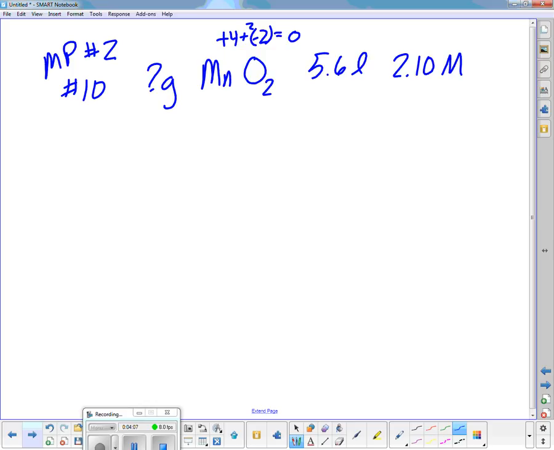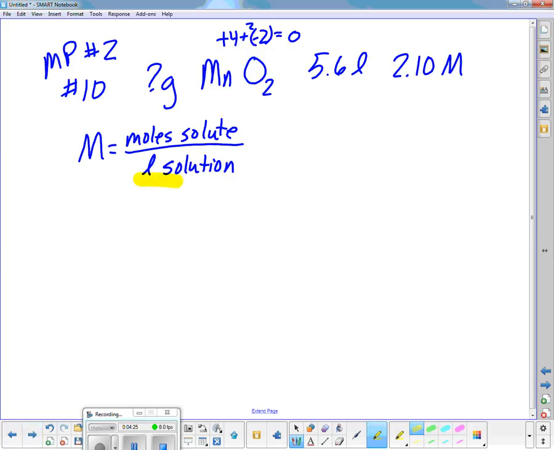Okay, so if I remember, molarity is equal to moles of solute divided by liters of solution. I have liters, and I have molarity.